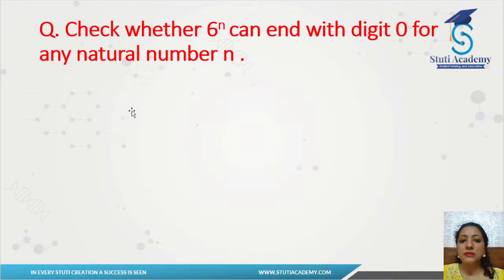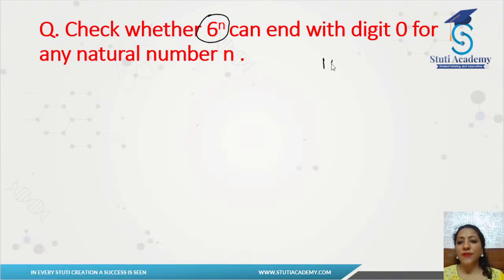And we also discussed yesterday questions like this: check whether 6 raised to the power n can end with digit 0 for any natural number n. We discussed this yesterday also, but I am discussing it again since this is very important, and this can come in different forms. For any number to end with digit 0, that means to have 0 in the ones place, we should have 10 as a factor of that number.